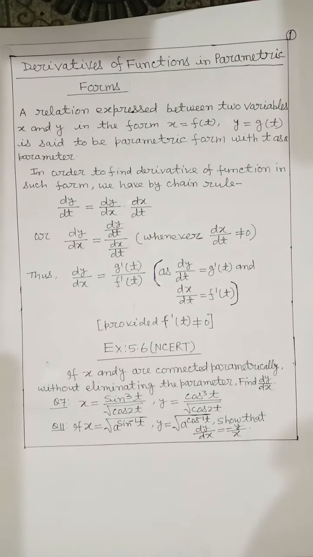Dear students, sometimes the relation between two variables is neither explicit nor implicit, but some link of a third variable with each of the two variables separately establishes a relation between the first two variables.